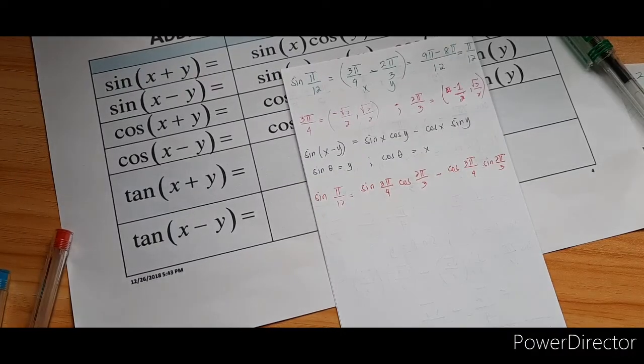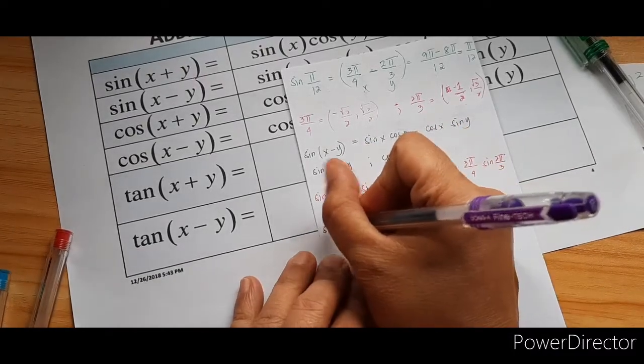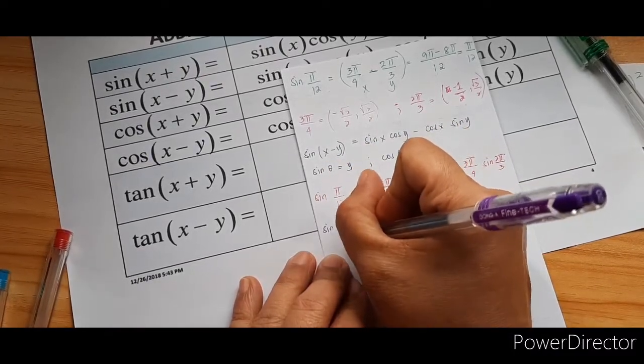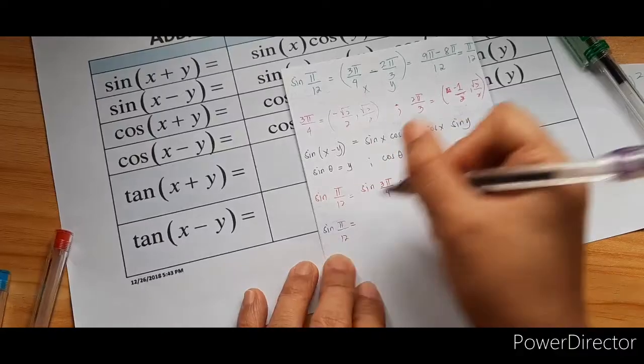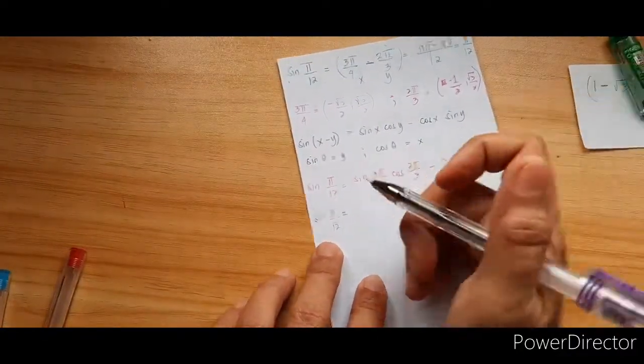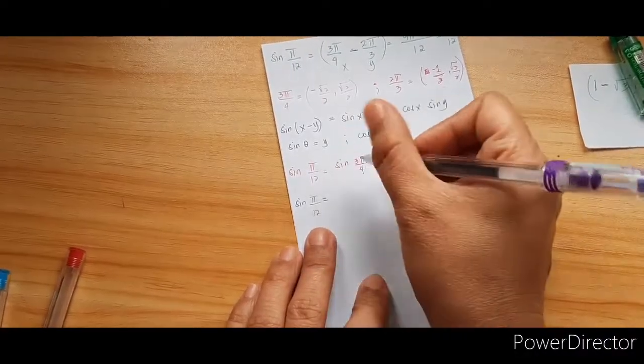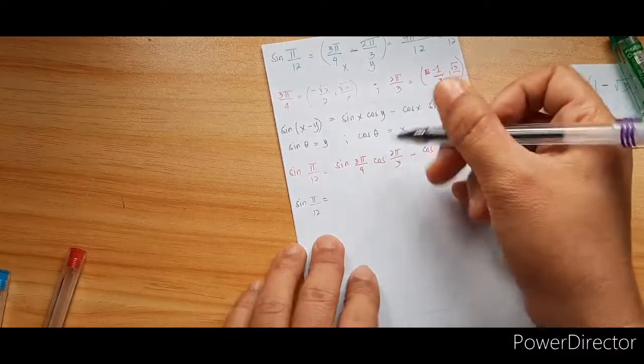Ayan. Okay? And then, ang susunod, substitute na natin yung mga coordinates. So, sine pi over 12 is equal to, sine 3 pi over 4.